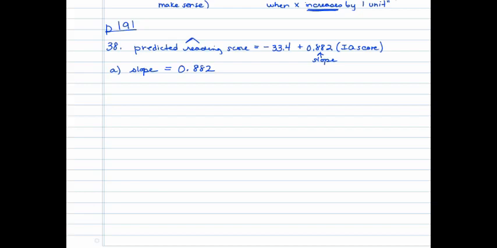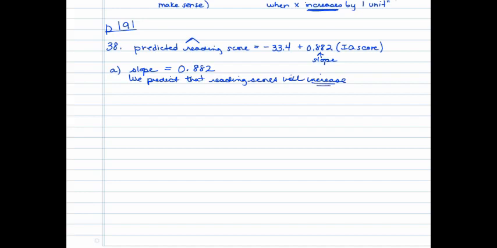So a good example for using this in context would be something like, we predict that reading scores will increase.